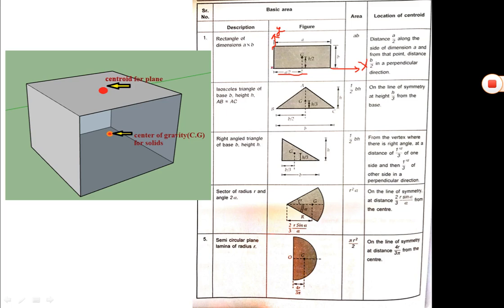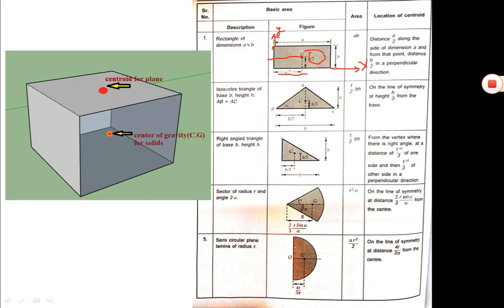Similarly, in the y direction it is at a distance of b by 2, that is half of the height. So in this direction the center of the rectangle is at b by 2.